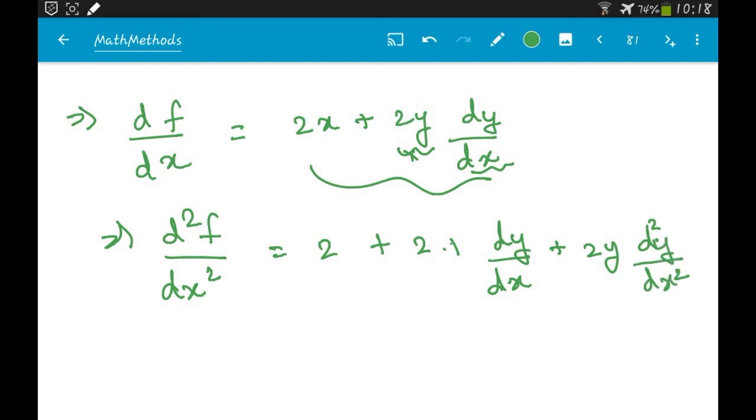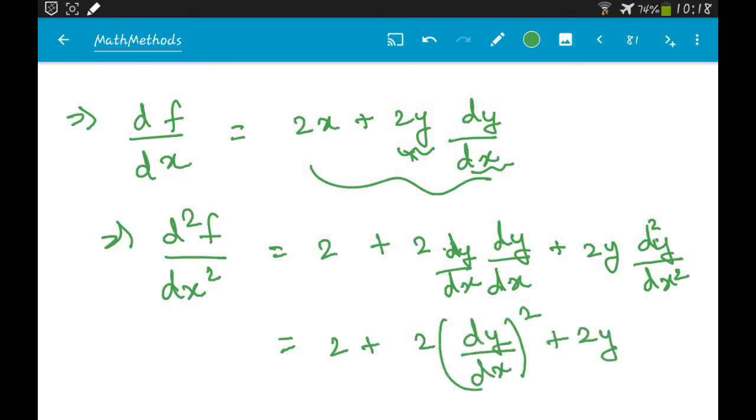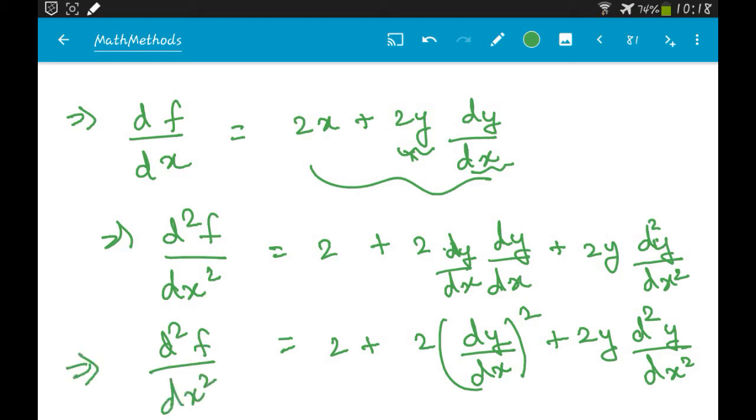Sorry, there was a mistake. When you differentiate y with respect to x, you are supposed to get dy by dx, right? And then there was already a dy by dx here. So you are going to get 2 plus 2 dy by dx whole square plus 2y d square y by dx square. So this is your d square f by dx square.